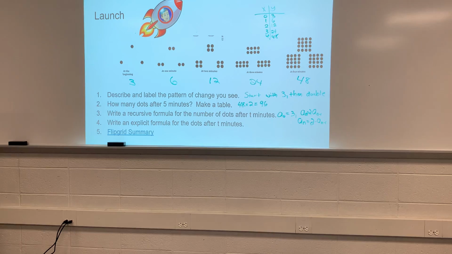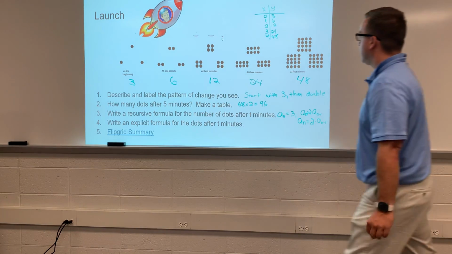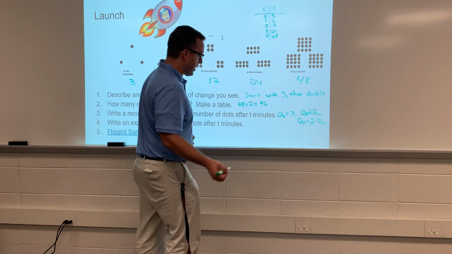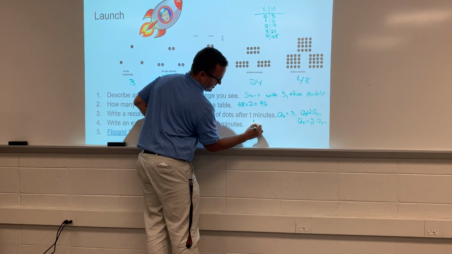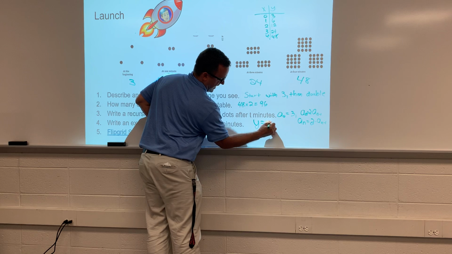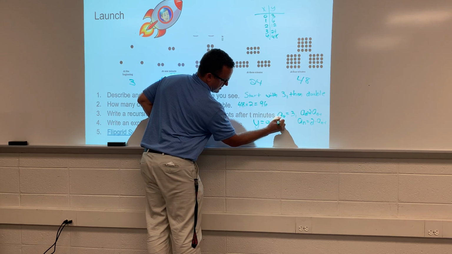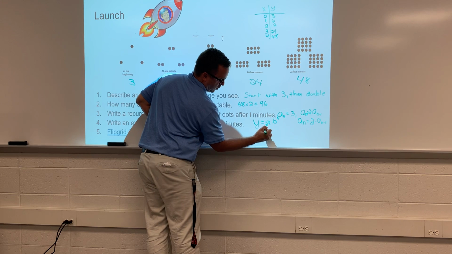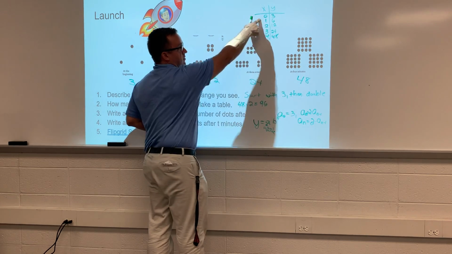And then to write an explicit formula, this fits in with exponential formulas. So if you remember a general exponential, it was y equals a times b to the x. A was your initial value when y equals 0.